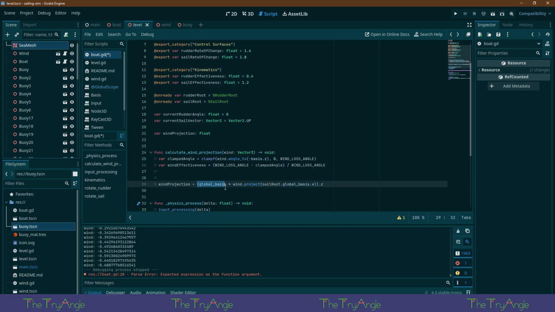Let's not do any of this. We're going to project it off of our sail like we said we would. And then we're just going to calculate the wind effectiveness directly. Yeah? Will that work?